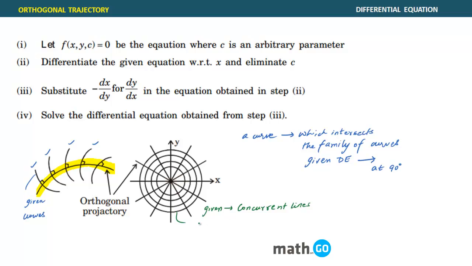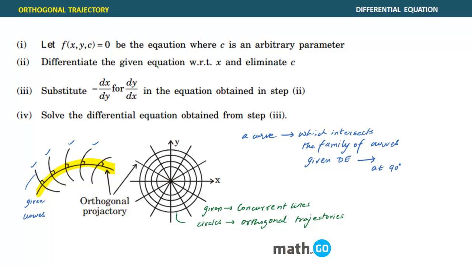So these circles are now orthogonal trajectories. Why are they orthogonal trajectories? Very obviously, because each of these lines is now a normal to the circle, and all the normals pass through the center of the circle. That is why these become the orthogonal trajectories.